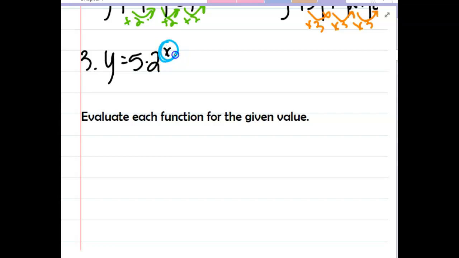In this case, where's the x? It is the exponent. So guess what? If it is the exponent, it is an exponential function because the x is the exponent.